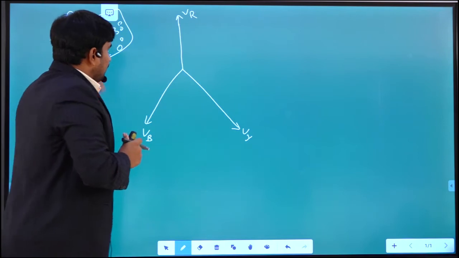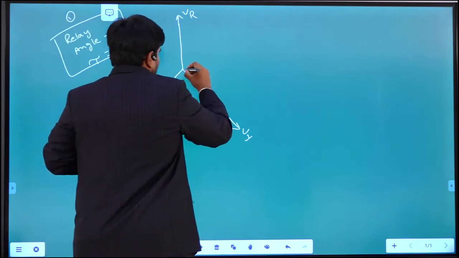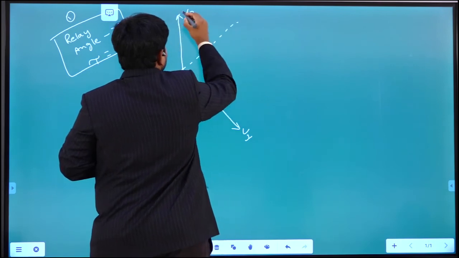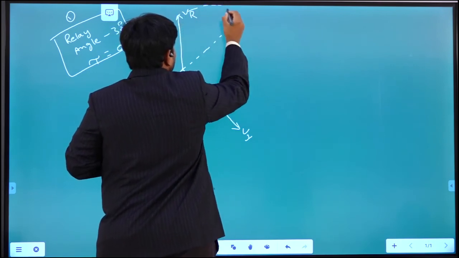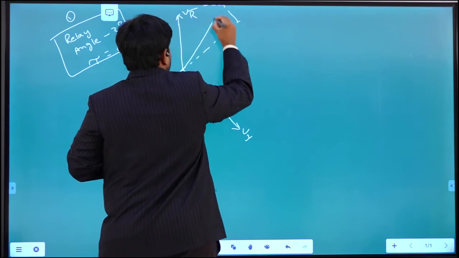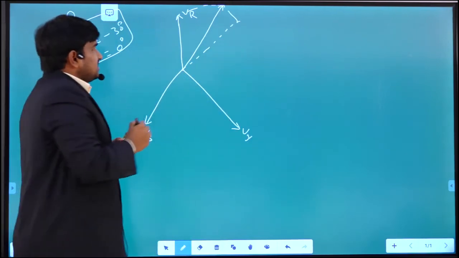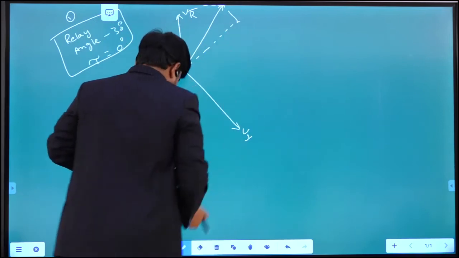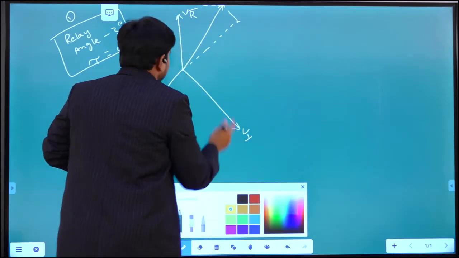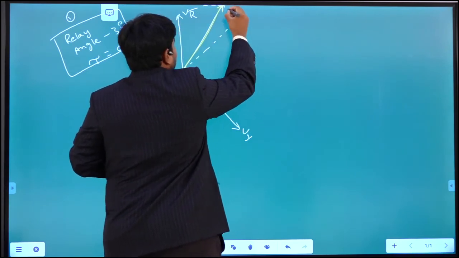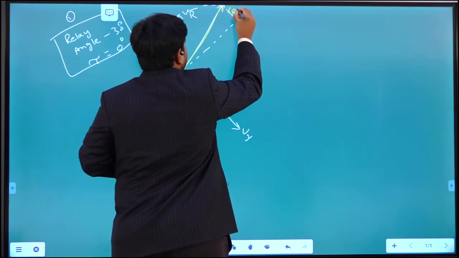Now for this, we will take the line voltage VRB. Let me indicate it with a different color. So this is the line voltage VRB.